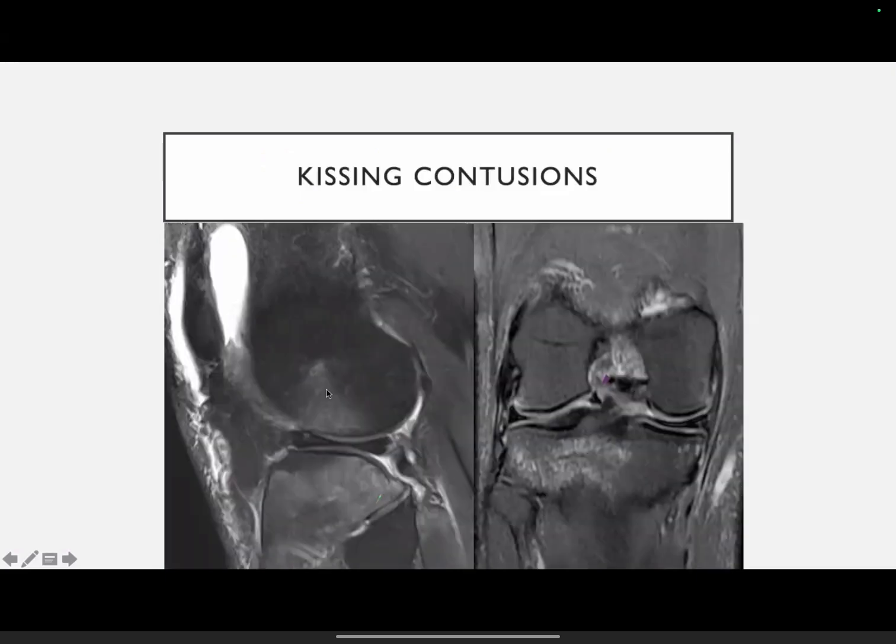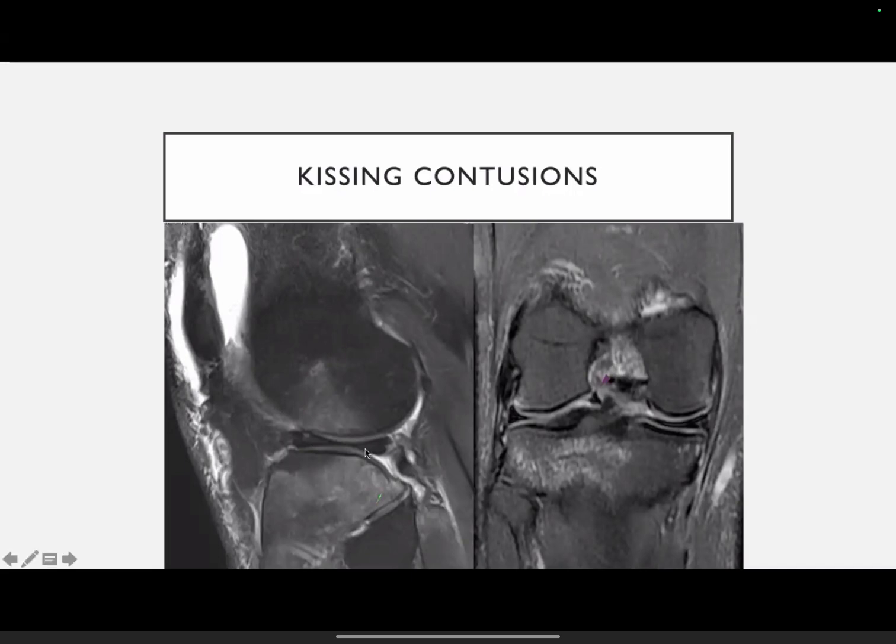So again, in the next example, we see this is again the anterolateral femur. This is the posterolateral tibia. So again, the most common pattern of bone marrow edema which you will encounter in a young patient, I would say, after a twisting injury. Now, I even saw a case after a dance party, where the patient just twisted his knee and came up with such a pattern of edema with an ACL tear.